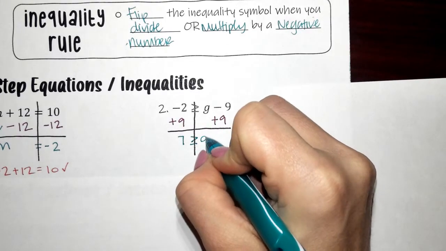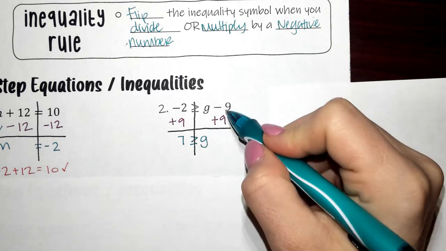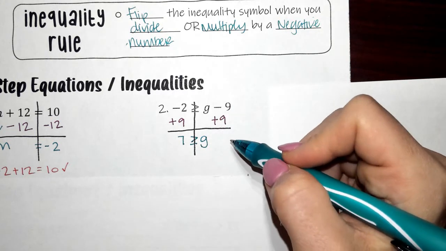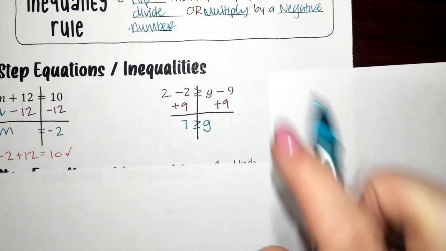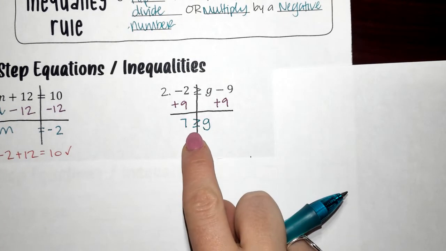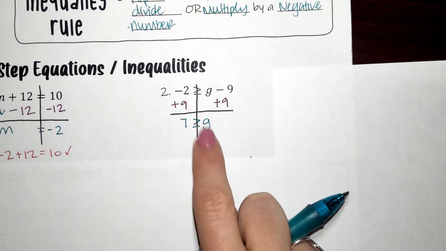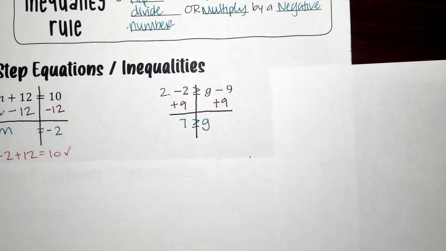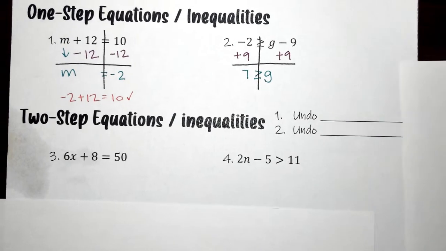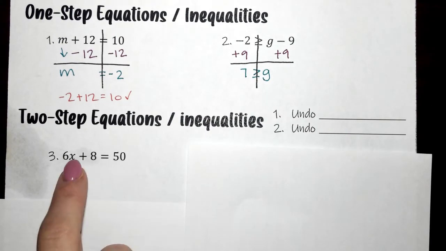We bring down my variable of g. Negative 9 plus 9 is 0. So our answer here is 7 is greater than or equal to g. One-step equations, simple enough.